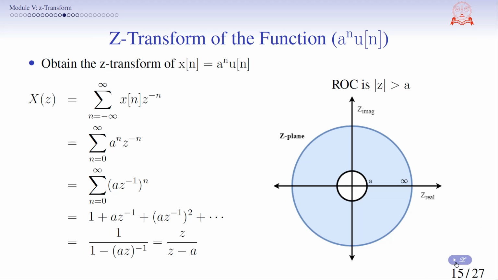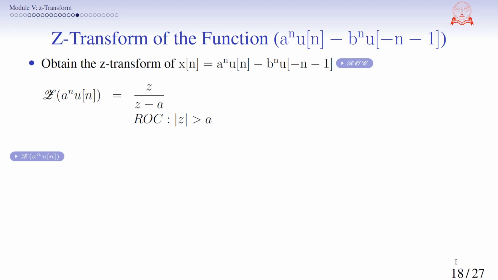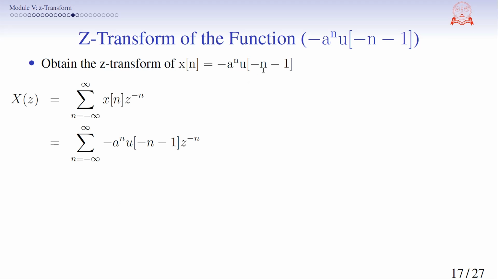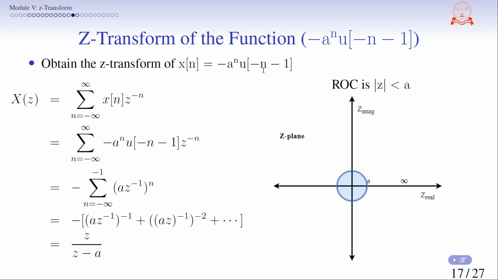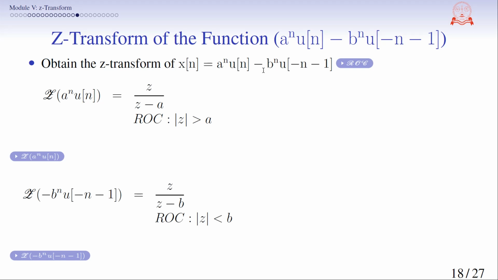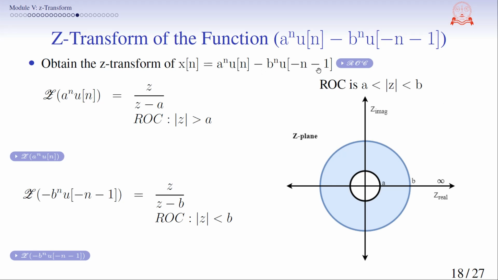And next is minus b raised to n u of minus n minus 1 having the z transform of z divided by z minus b, whose ROC will be mod z less than b. This is explained in slide number 17. And combining both of these, we will get ROC as a less than mod z less than b.